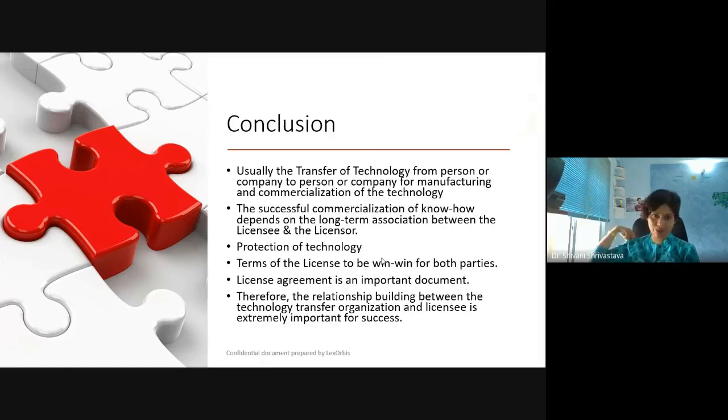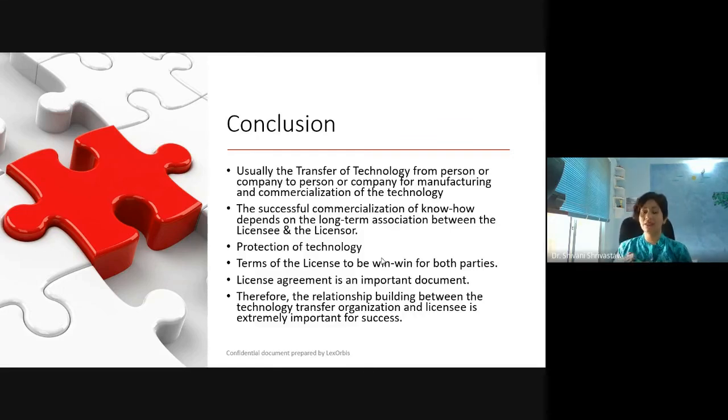So now we come to the conclusion. What we discussed is the transfer of technology from a person or a company to another person or a company for manufacturing and commercialization of the technology. When we are talking about successful commercialization, it's a long-term association between the licensee and licensor.